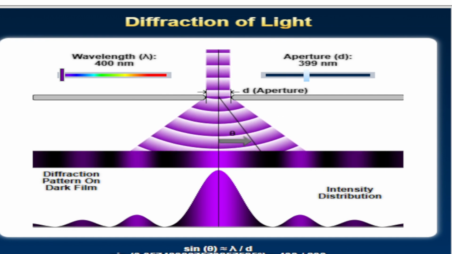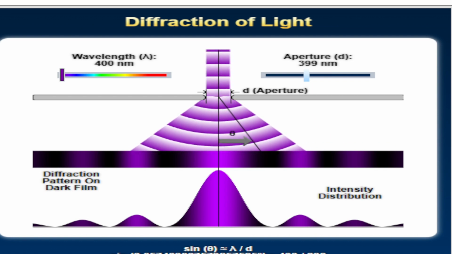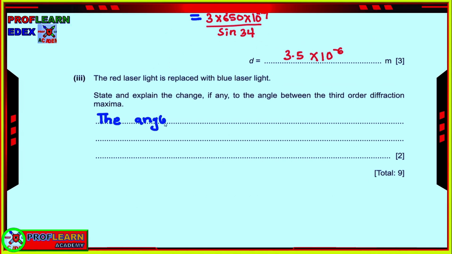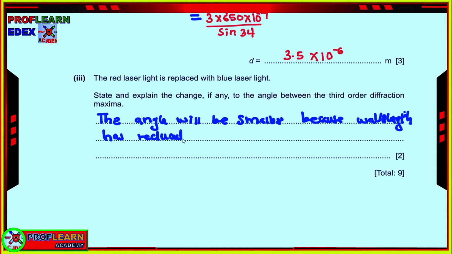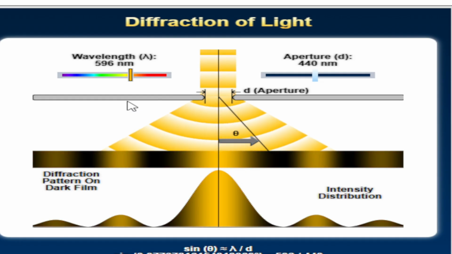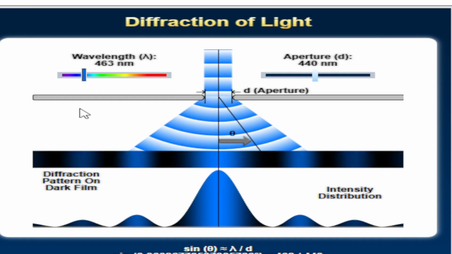Also a decrease of the wavelength decreases the size of the angle. So we are going to say the angle will be smaller because the wavelength has reduced, and we are also going to say that a shorter wavelength produces smaller angles between the maxima.